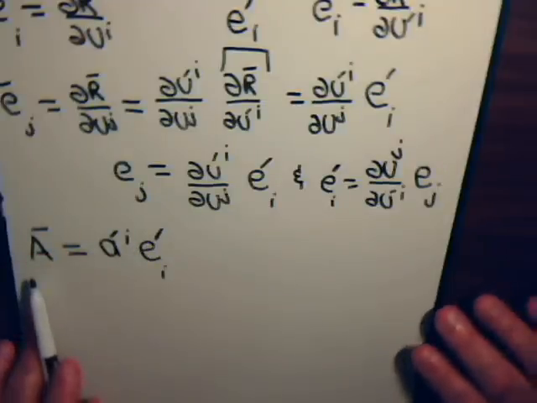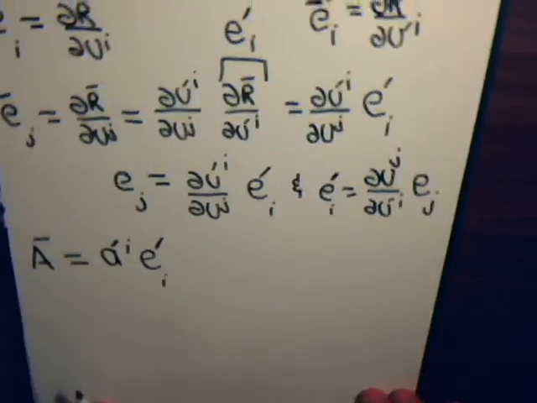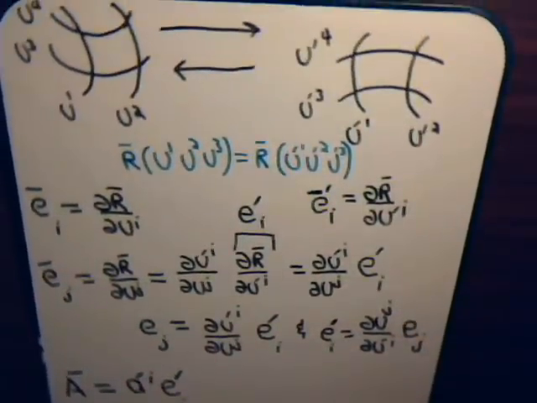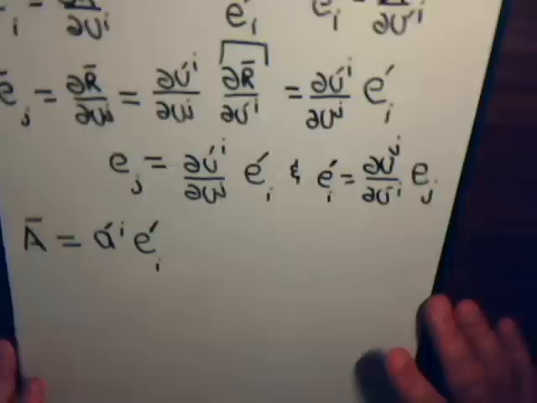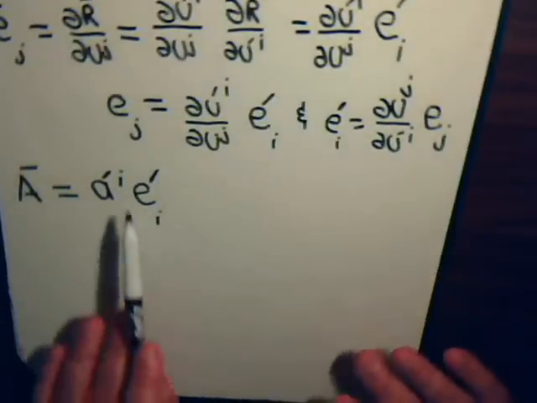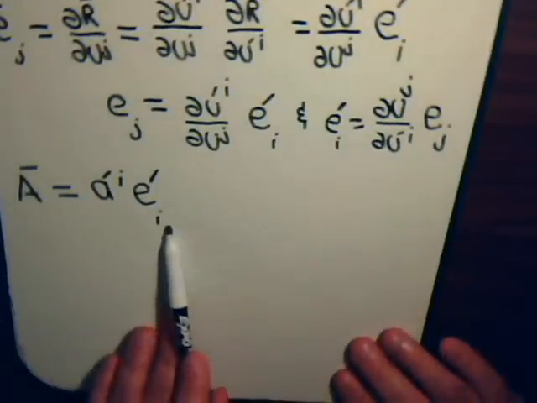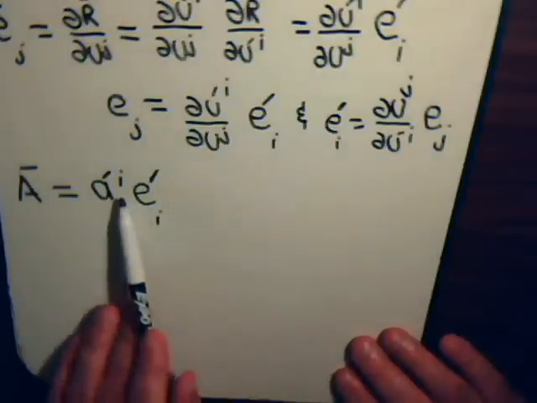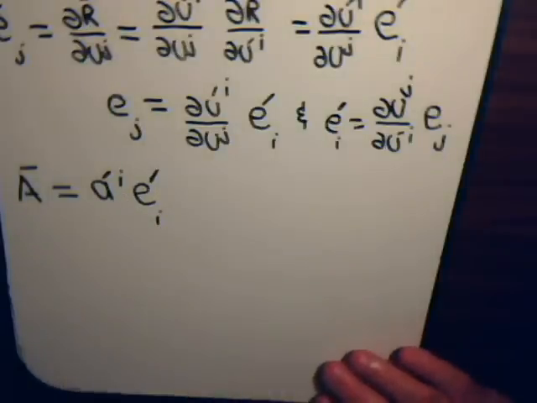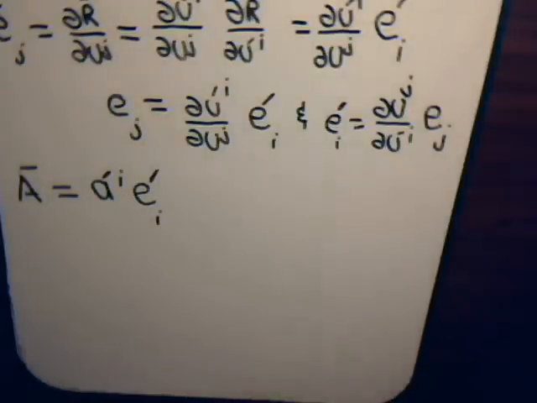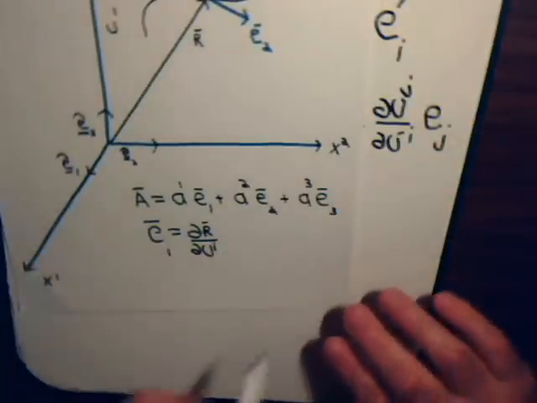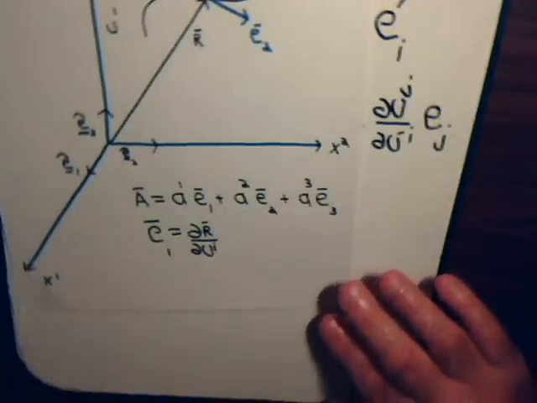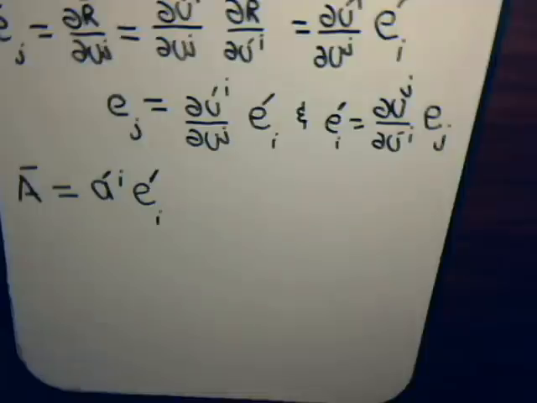This would be writing the vector A in our primed system: A1 times E1 plus A2 times E2 plus A3 times E3, just like we did over here, except now we're using primes because we're in the primed coordinate system.